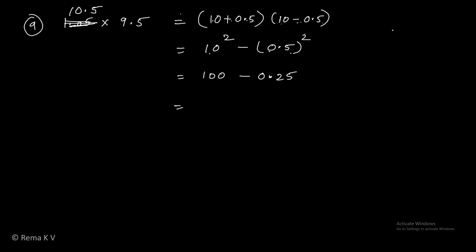What's the answer? 100 minus 0.25 is 99.75. Okay.